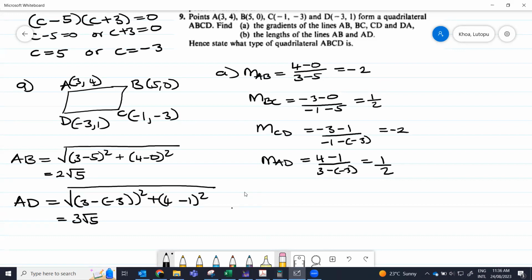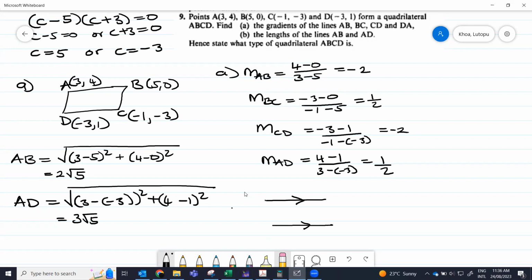Okay, now the last part says, hence state what type of quadrilateral it is. So first we're looking at these gradients. We see that the opposite sides, AB and DC, have the same gradients. So opposite sides AB and DC are parallel.